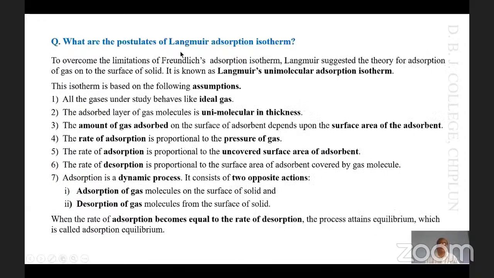Now let us discuss Langmuir adsorption isotherm. This is one of the important articles of this topic. Now what this Langmuir adsorption isotherm is, let us see. To overcome the limitations of Freundlich's adsorption isotherm, Langmuir suggested the theory for adsorption of a gas onto the surface of a solid.